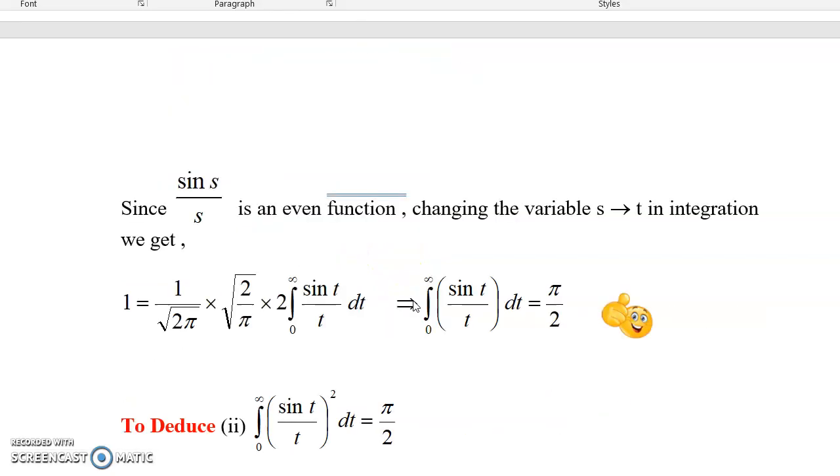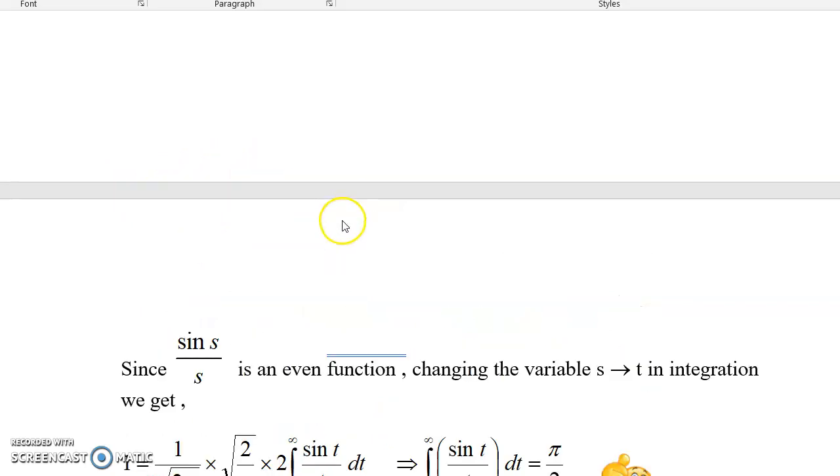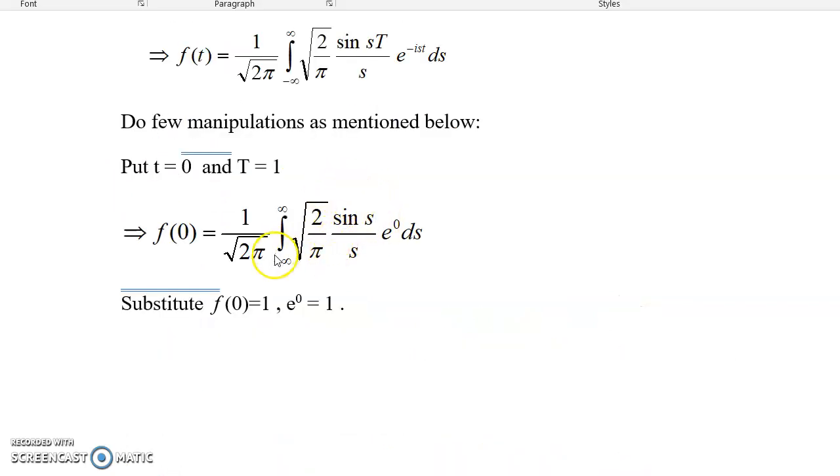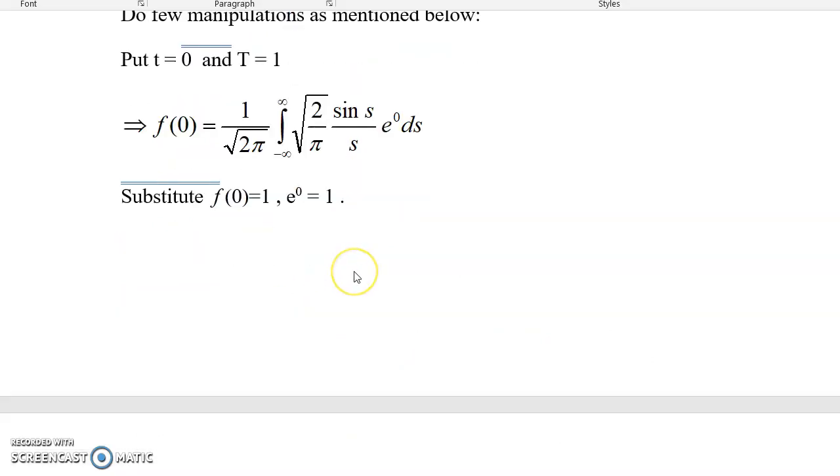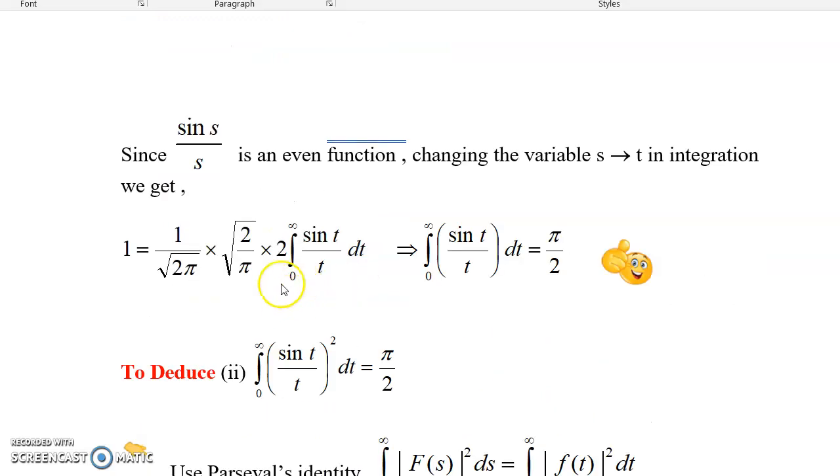And when you observe, sin s by s is an even function, because sin is an odd function and s also is odd, because when you substitute s as minus s, here a minus will come, here also one minus will come. So this minus and this minus will cancel and totally this will be an even function. So since this is an even function, this minus infinity to infinity we can write as 2 times 0 to infinity. So that is what we have written here.